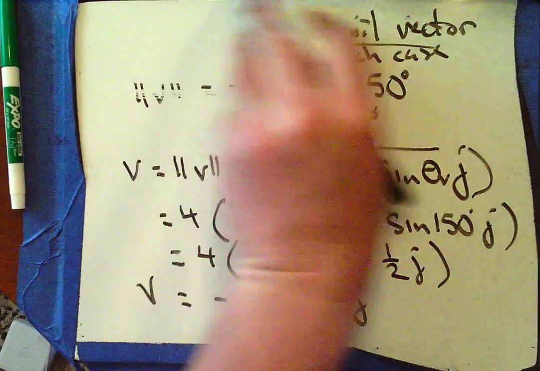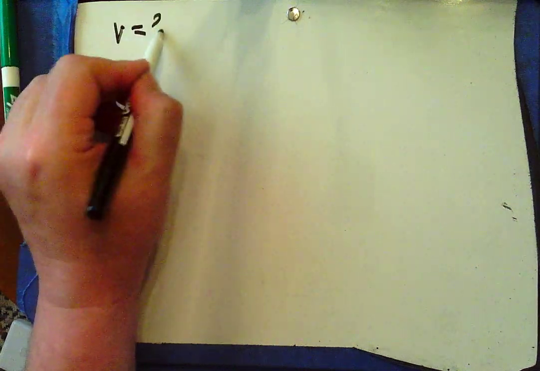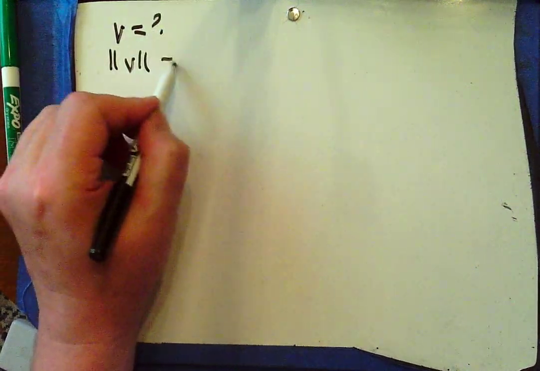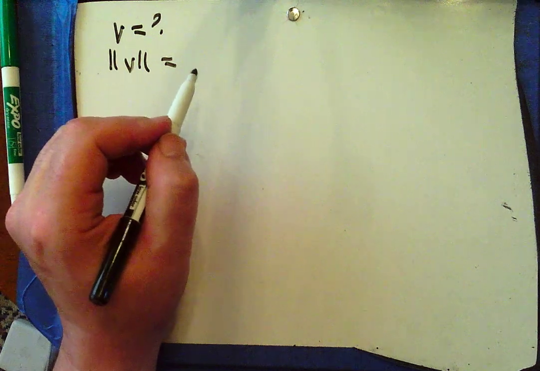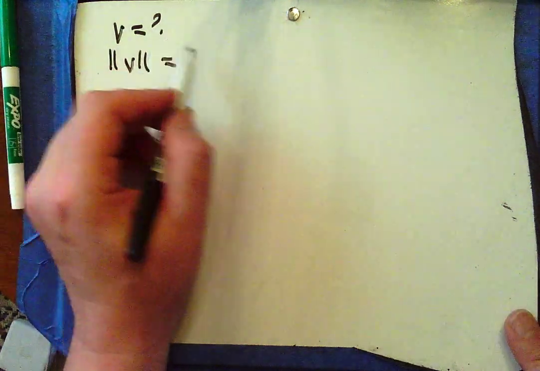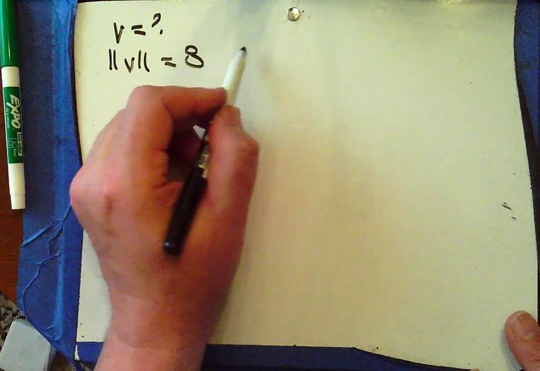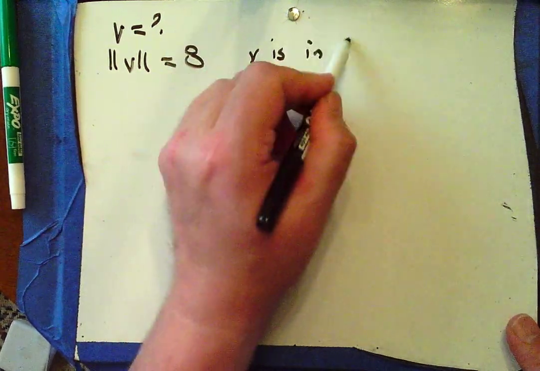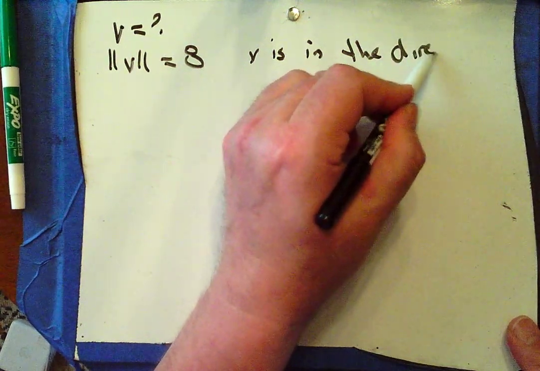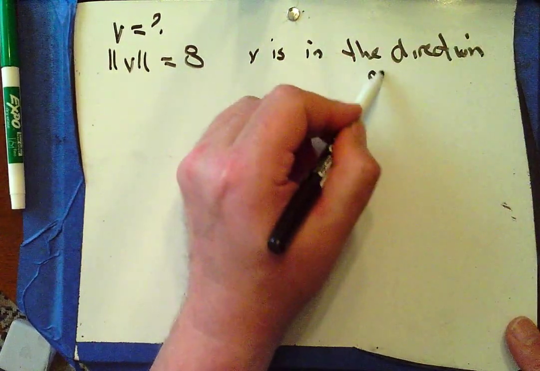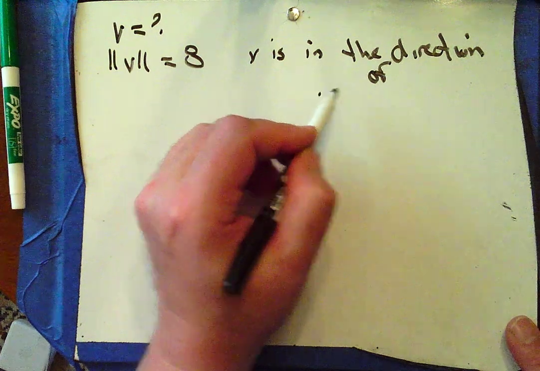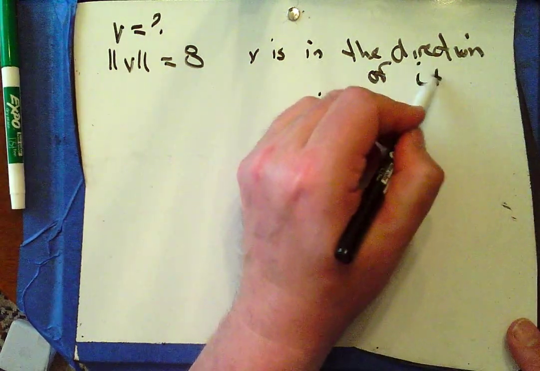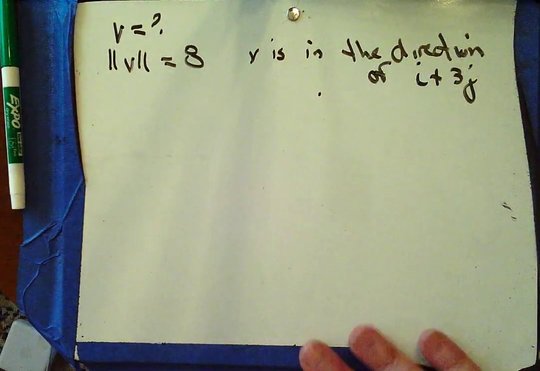You could also run into problems that say find v given the magnitude of v equals 8, and v is in the direction of i plus 3j.